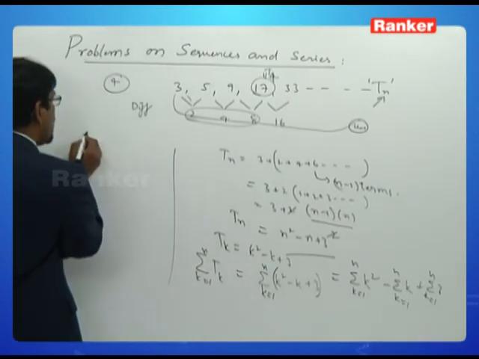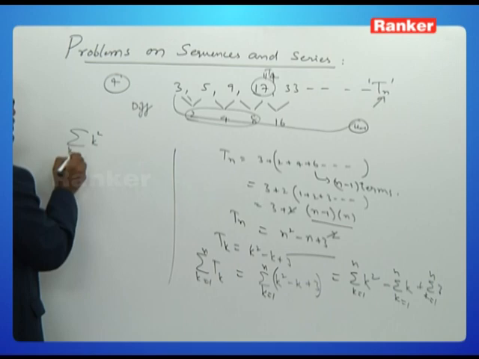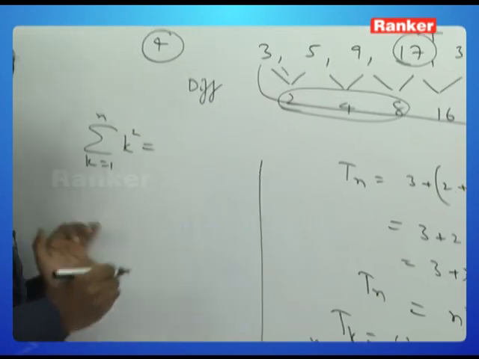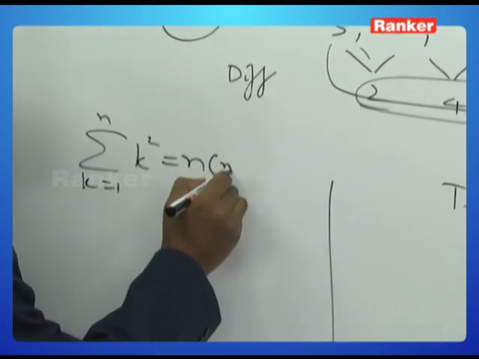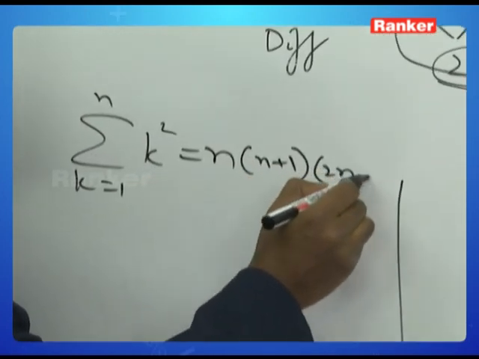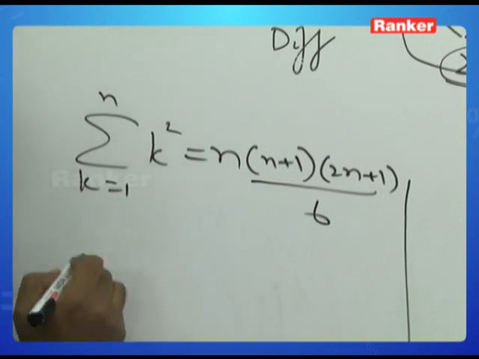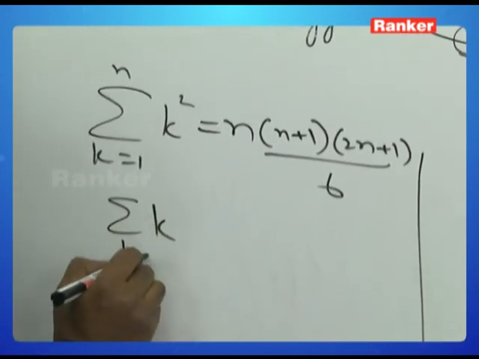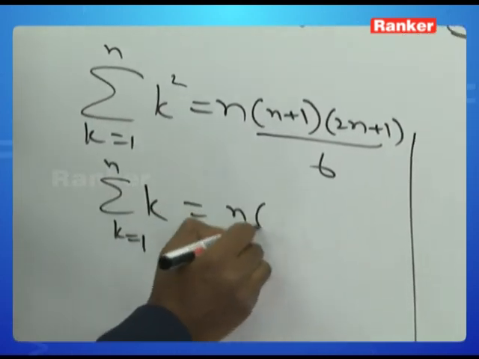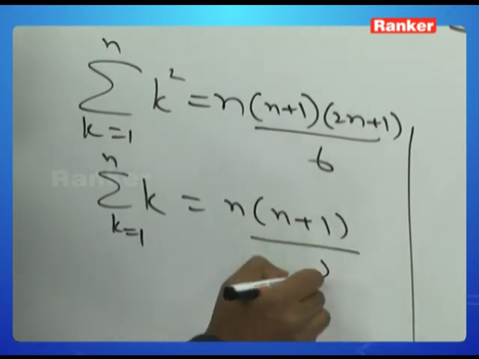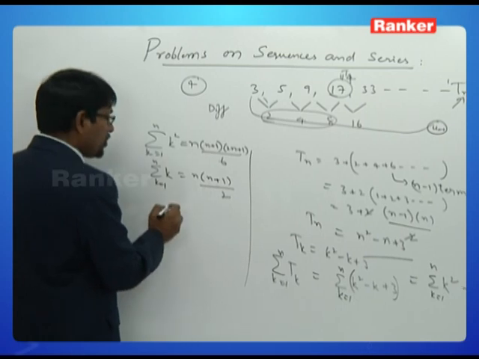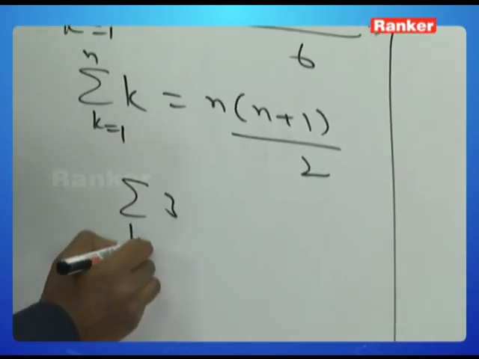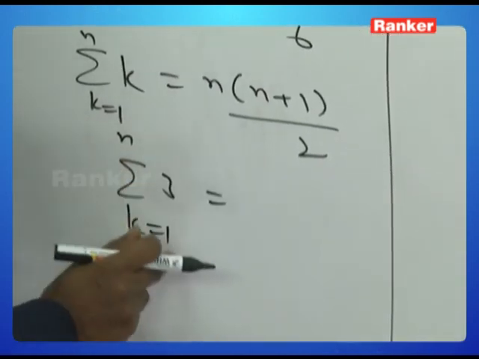Now what is sigma k square, k ranging from 1 to n? We know that is the sum of squares of the first n natural numbers, that is equal to n into n plus 1 into 2n plus 1 by 6. And what about sigma k, k ranging from 1 to n? That is equal to n into n plus 1 by 2. When you say sigma 3, k ranging from 1 to n, that means 3 is getting added up n times.